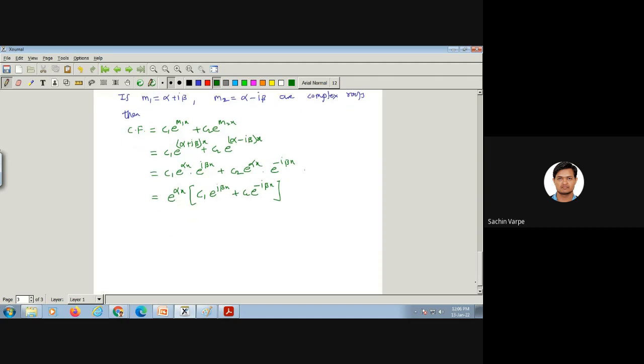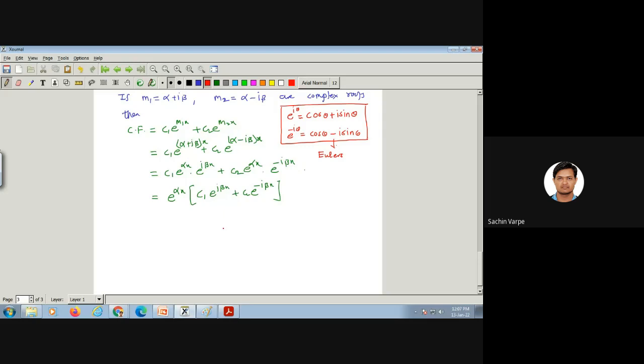And we all know, you must have seen these formulas, that e to the power i theta can be written in terms of cos and sine. That is cos theta plus i sine theta. Do you know this formula? And e to the power minus i theta can also be written as cos theta minus i sine theta. Yes or no? Have you seen these formulas? Yes, sir. These are called Euler's formula.